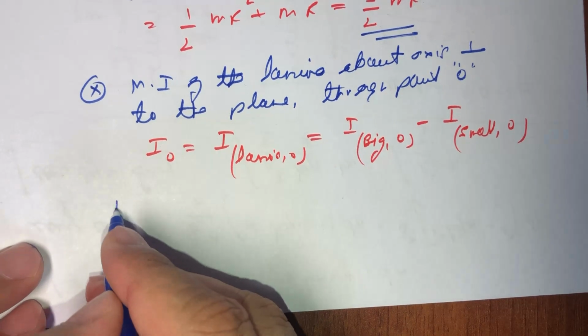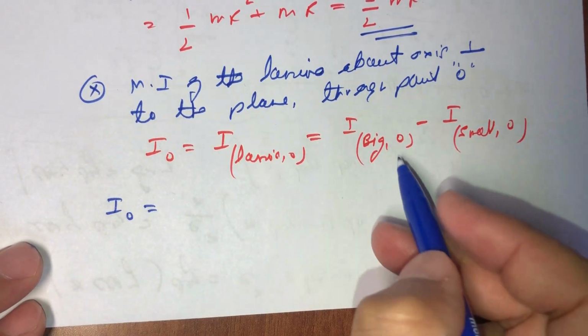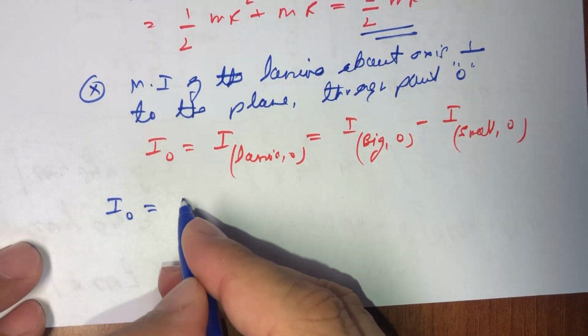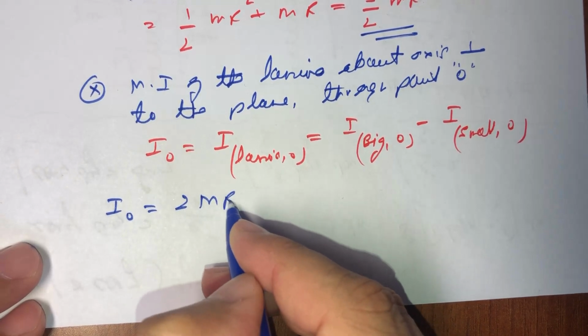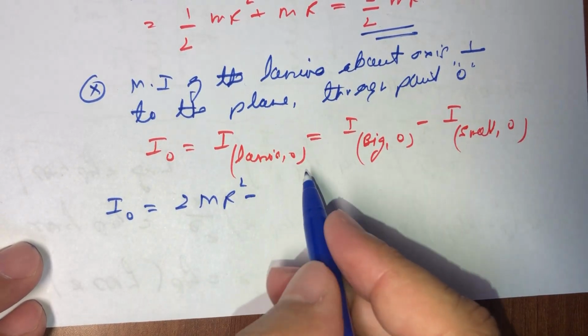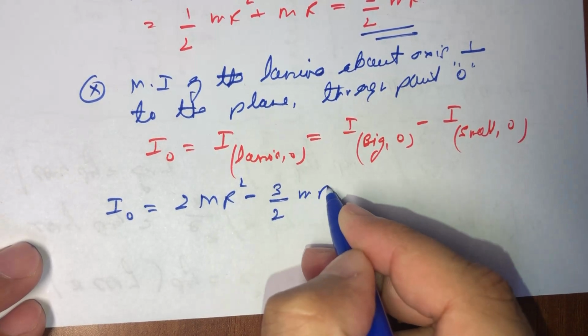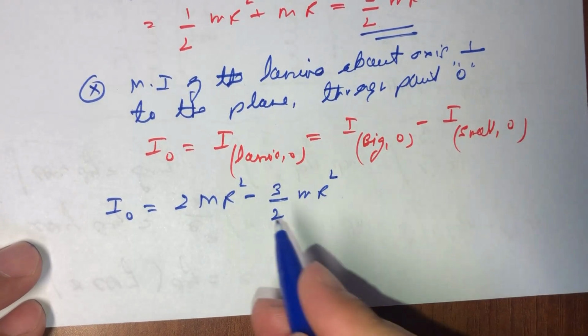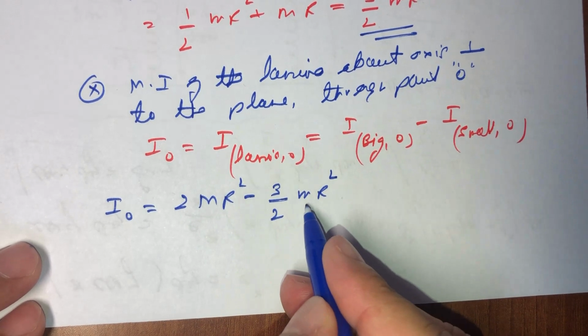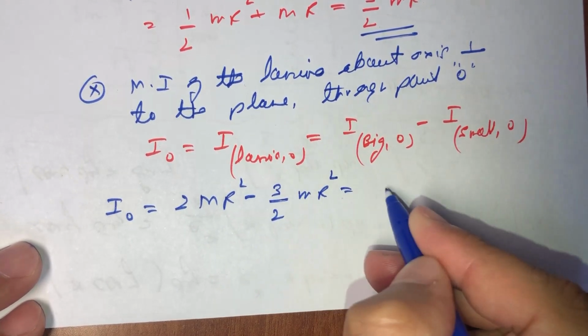Therefore, if we substitute the values, we get I naught, big is given as 2MR square, minus small is given as 3/2 small m r square. We know the relationship between capital M and small m. We substitute it here.